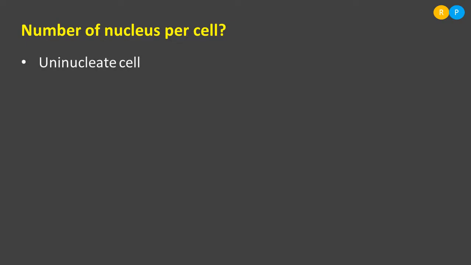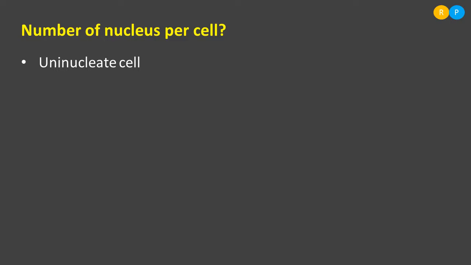Yes, while studying about the nucleus, one of the questions that arises in mind is, do all cells consist of only one nucleus? What is the number of nuclei per cell? So let us understand that here. The majority of the cells in the organism consist of only one nucleus.